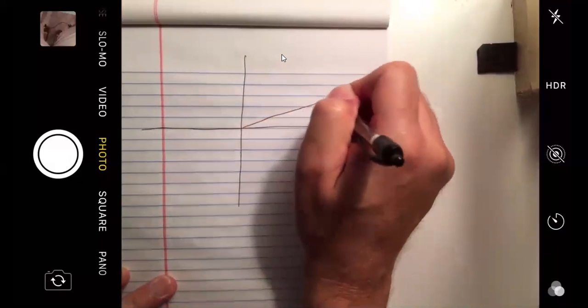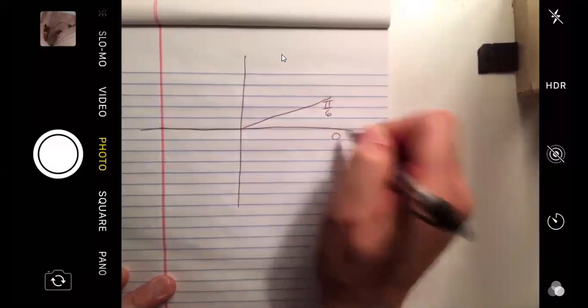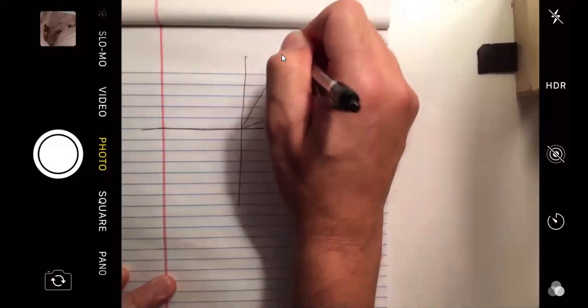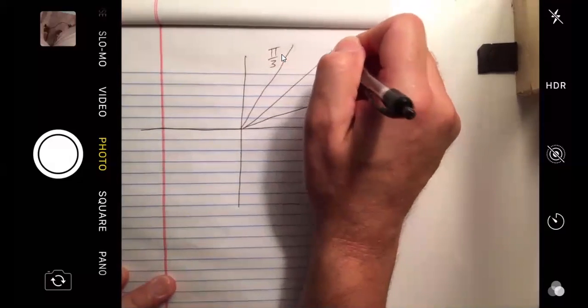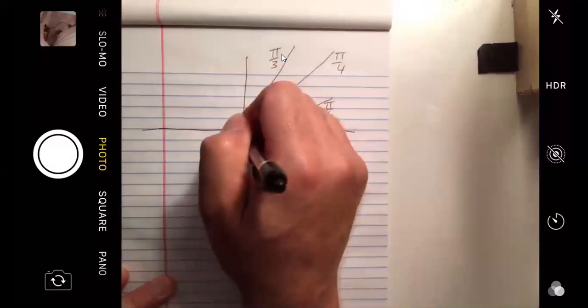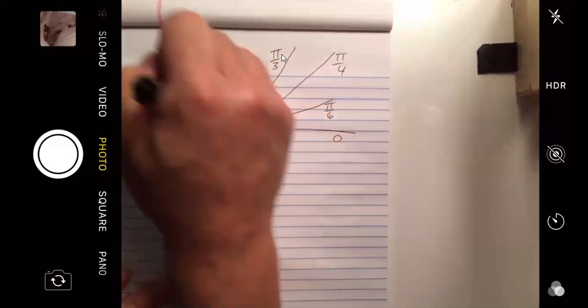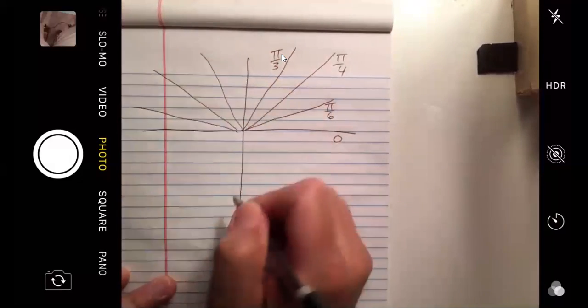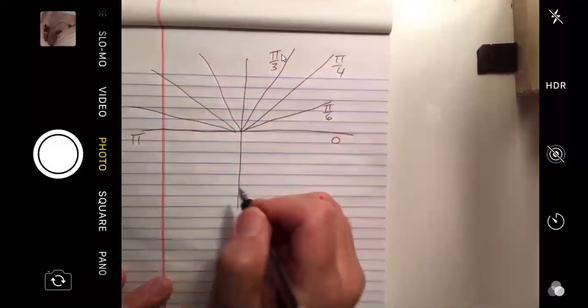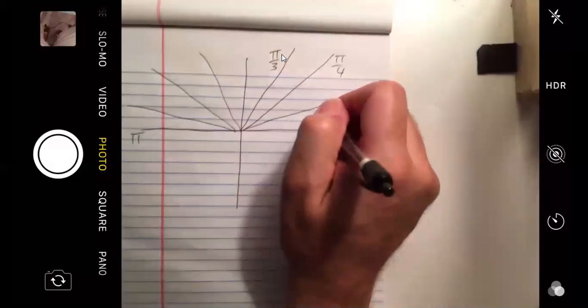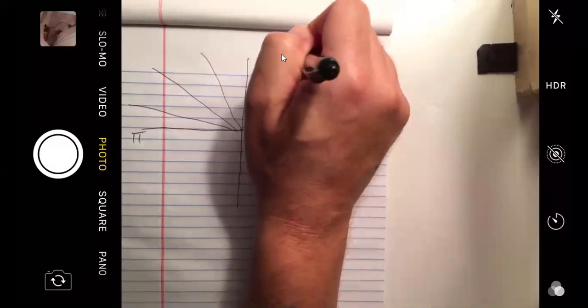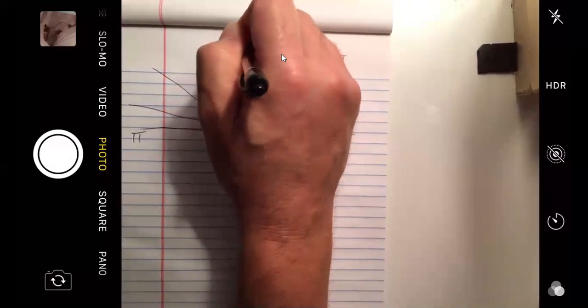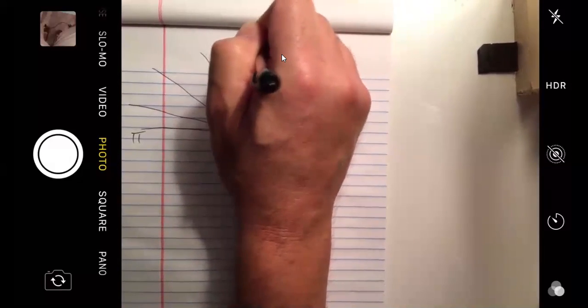Pi over 6, pi over 3, in the middle, pi over 4. So if I come over here, you basically have 3 rays in every quadrant. Remember your pi here. Call this 1 pi over 6. You can call this 2 pi over 6. You're at 3 pi over 6 here. That's your pi over 2.